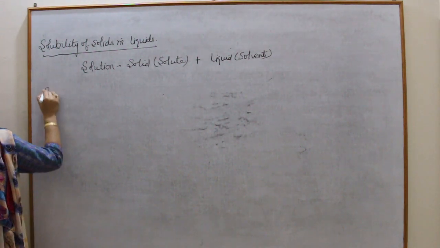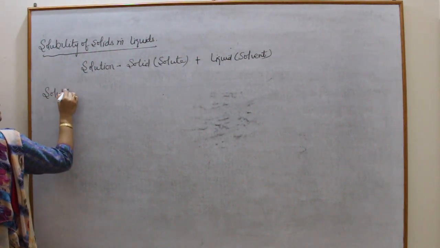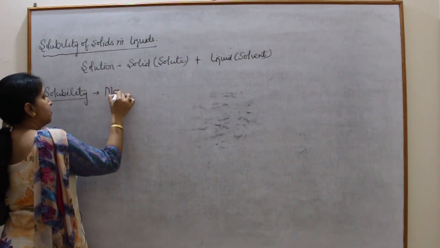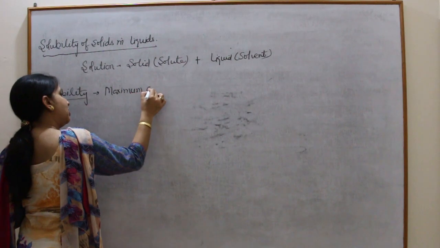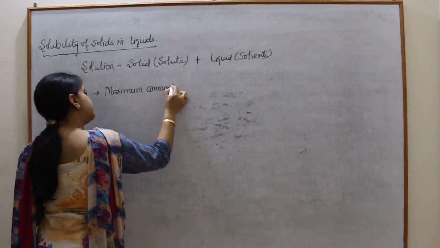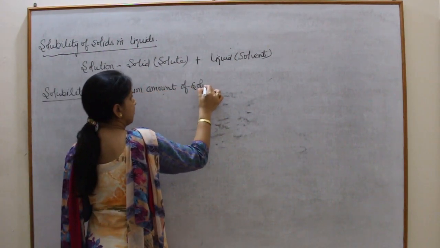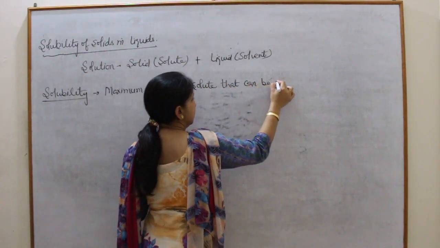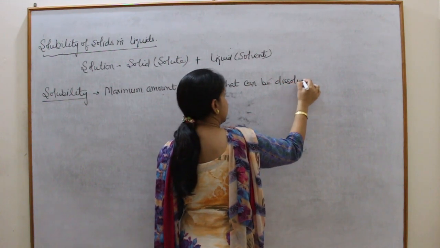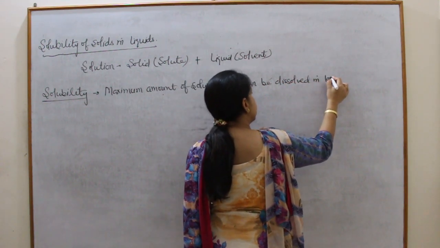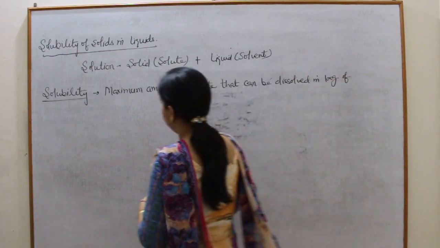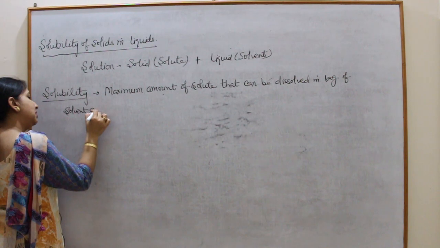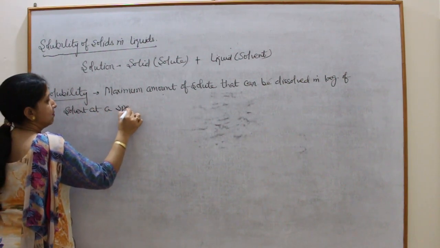So solubility can be defined as the maximum amount of solute that can be dissolved in 100 gram of the solvent at a specific temperature.